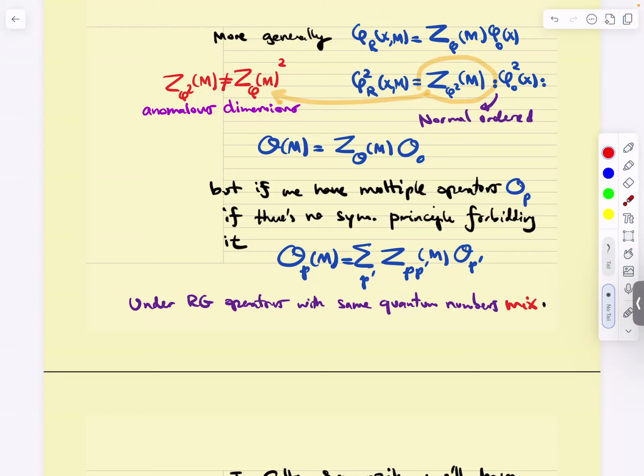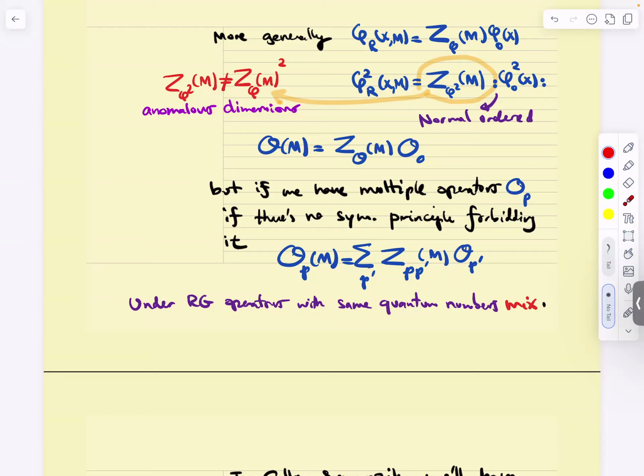Is it possible? This already assumes that as you flow towards the infrared, the fields don't mix. If you start with a theory that has a Lagrangian density of phi 1 and a Lagrangian density of phi 2 and a coupling in between them, for example, Yukawa theory, generically you expect things to mix.